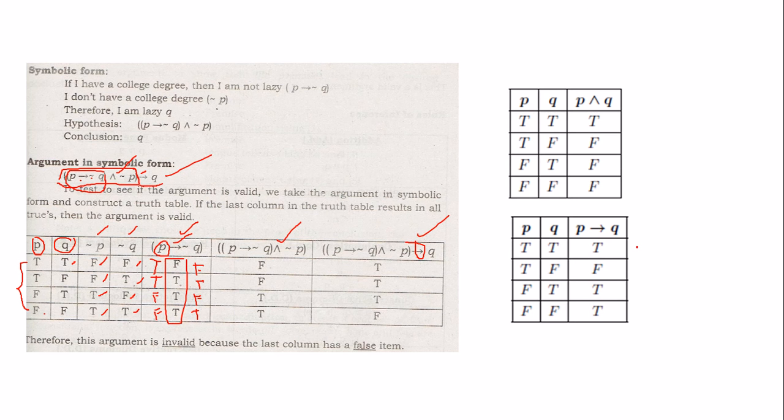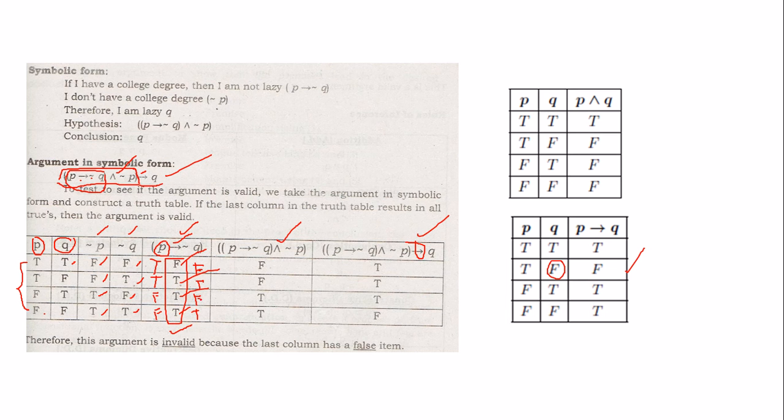A conditional statement is false only if the first is true and the second is false. True, false is false. True, true is true. False, false is true. False, true is true.